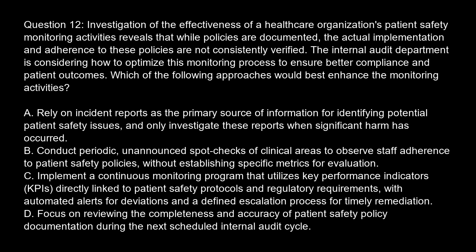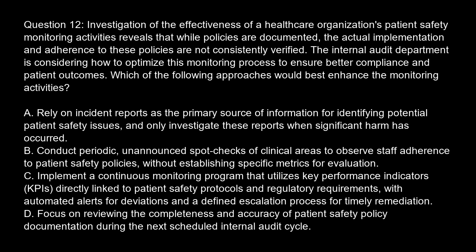Option A. Rely on incident reports as the primary source of information for identifying potential patient safety issues, and only investigate these reports when significant harm has occurred. Option B. Conduct periodic, unannounced spot checks of clinical areas to observe staff adherence to patient safety policies, without establishing specific metrics for evaluation.